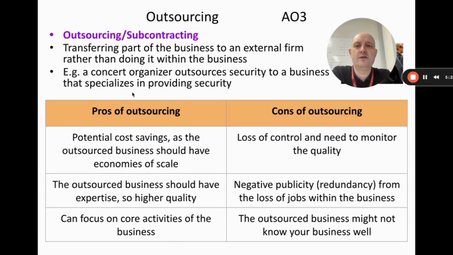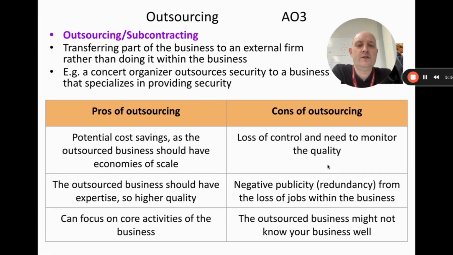It also means that the business can focus on the core activities. A concert organizer does concerts, and that's their core activity. If they also have to do security, then they're increasing the number of things they have to do in the business. By outsourcing it to another business, they can just focus on the music, on the concert, if you like.